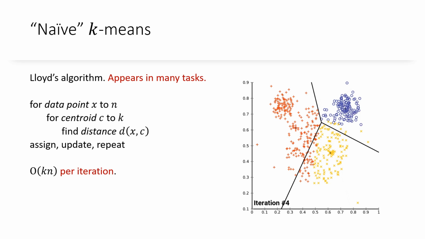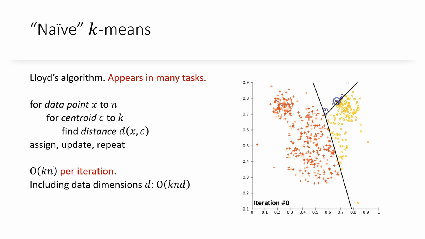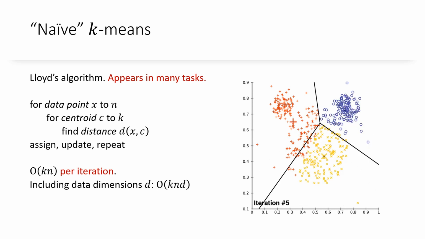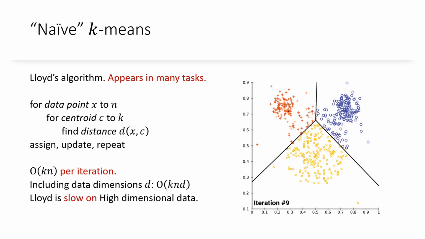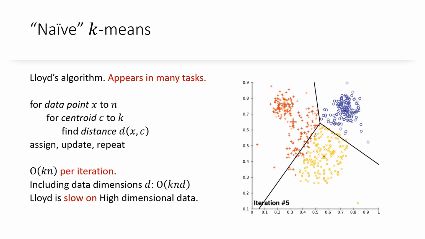But what we sometimes forget is that we also have to consider the actual data dimensions, because if we are computing in some very high dimensional space that goes well beyond the number of actual data points we have, this is very important to consider in the actual runtime. So in high dimensions, Lloyd can often be expected to be very slow, because we have to compute all the distances over all the dimensions, and this is the problem that we address.